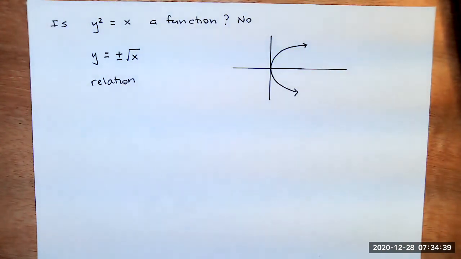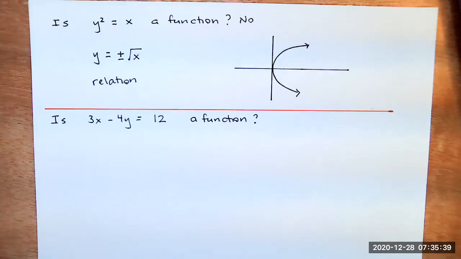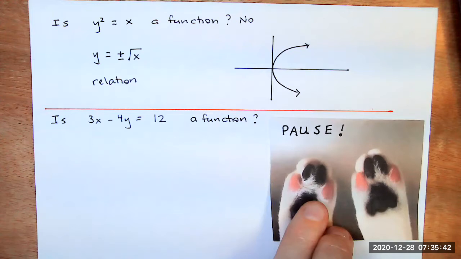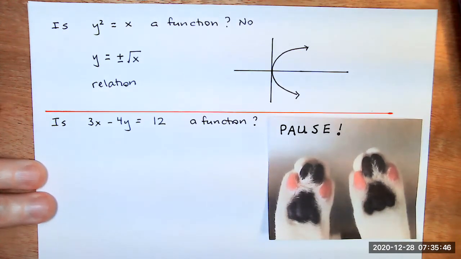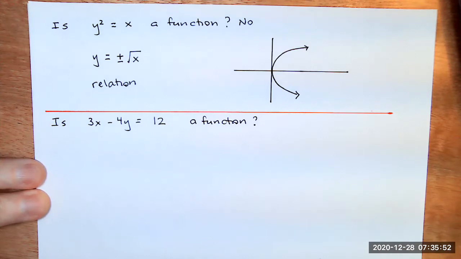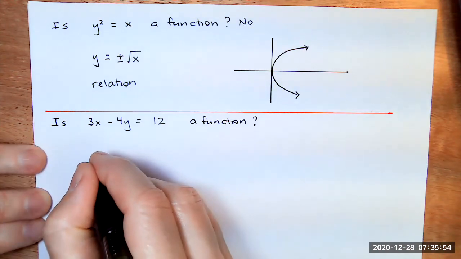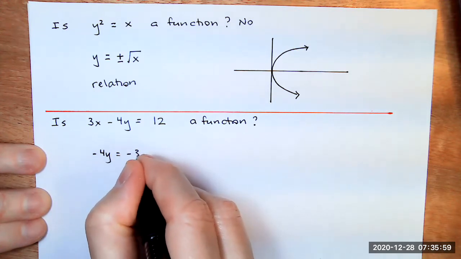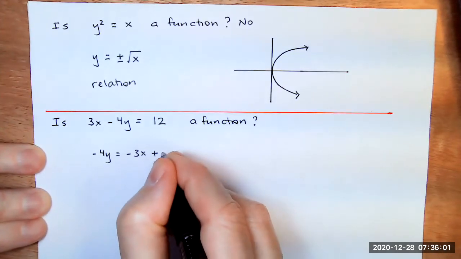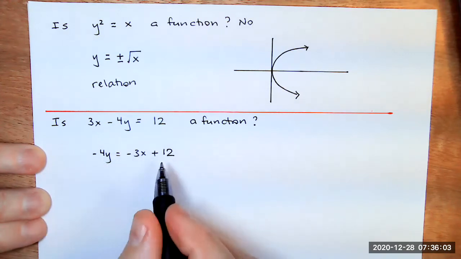Let's try another. All right, I would hit the pause button and answer this one on your own. Is 3x minus 4y equal to 12 a function? Well, if we solve for y, divide both sides by 4.